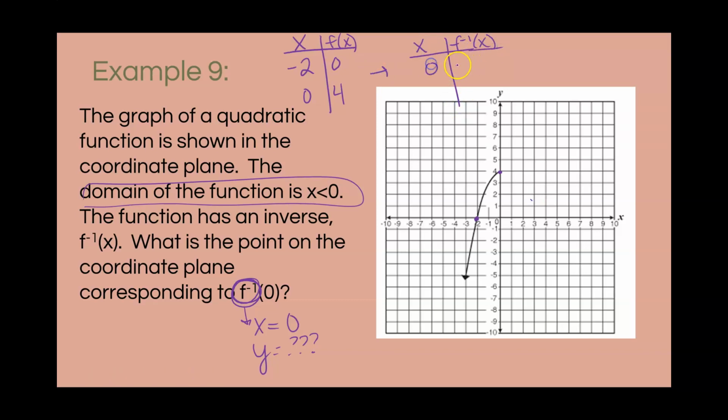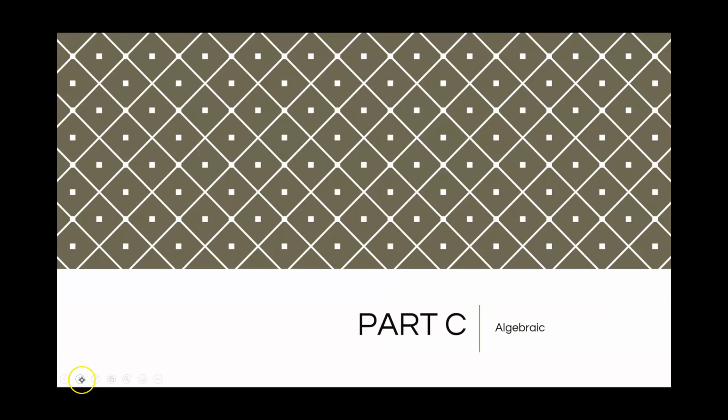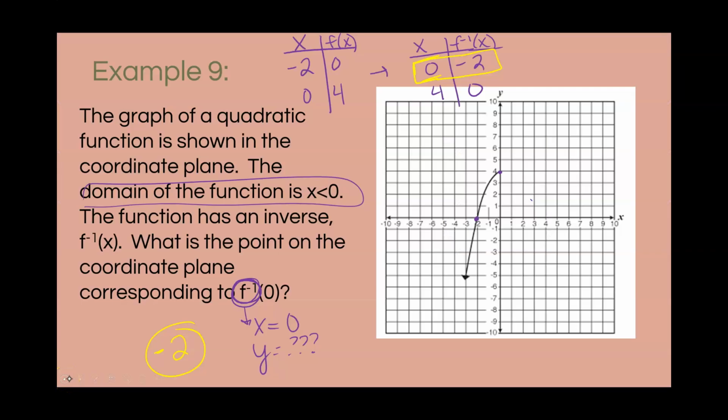And I get 0, -2, and 4, 0. So it asked, when x is 0, what is y? -2. So -2 would be my answer. Okay? All right, so that is it for graphs of inverse.